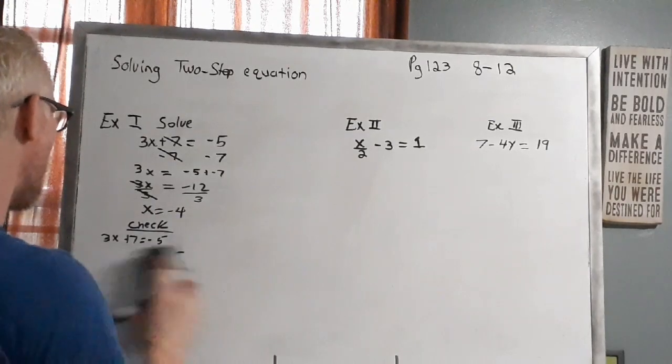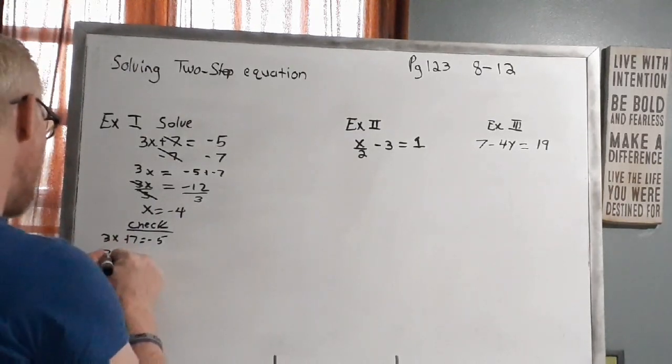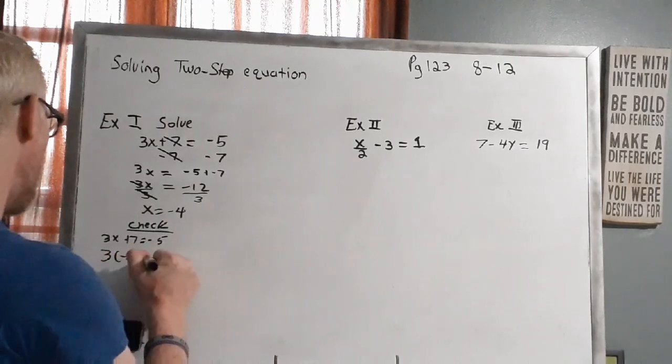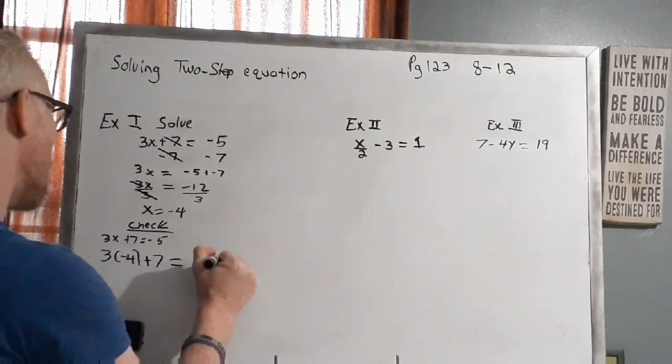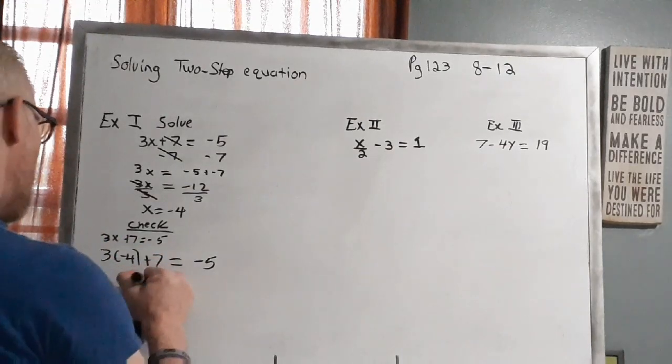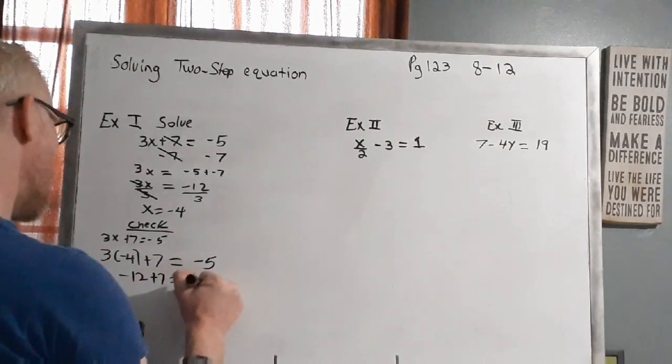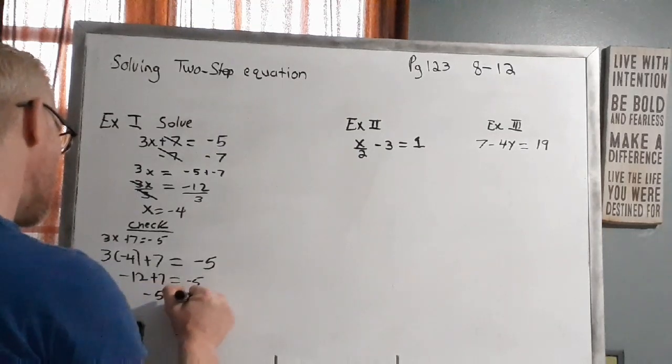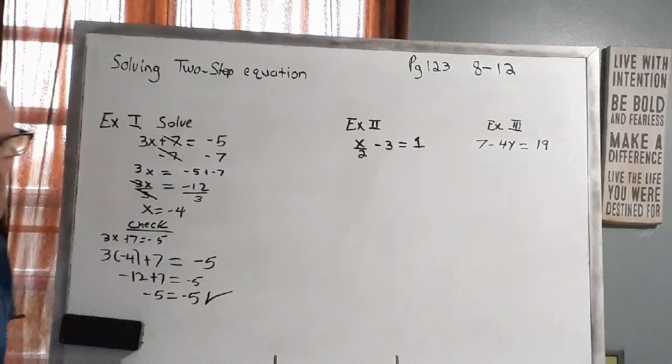So let me fix that real quick, guys. So I say 3 times negative 4 plus 7 equals negative 5. 3 times negative 4 is negative 12. And negative 12 plus 7 is negative 5. So negative 5 equals negative 5, which means that this is correct.